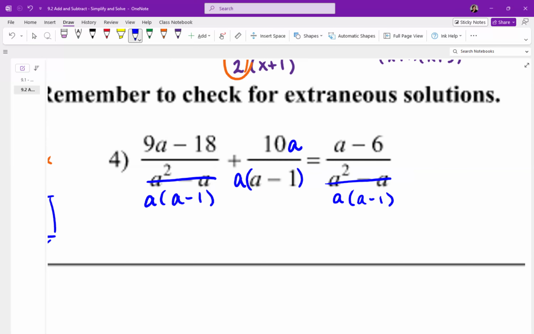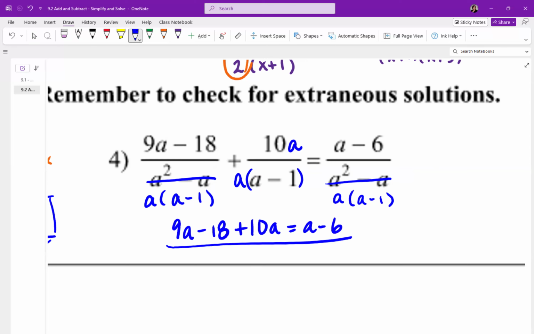I can rewrite this as 9a minus 18 plus 10a equals a minus 6 over a times a minus 1. Okay, there.